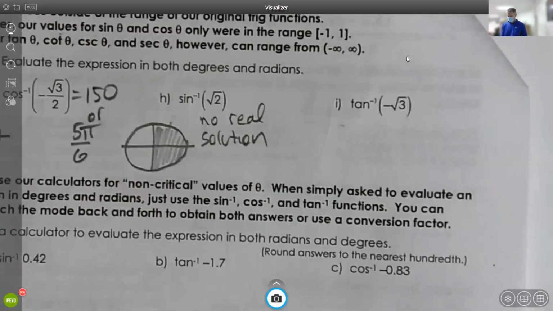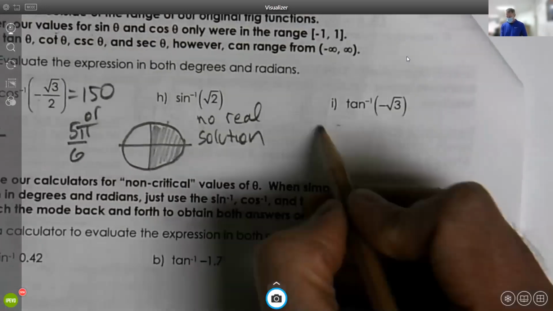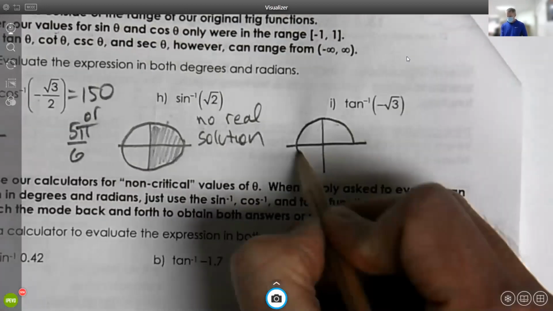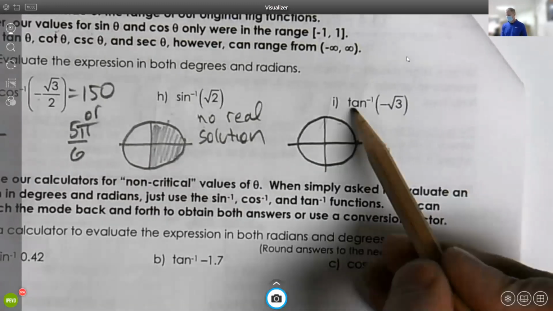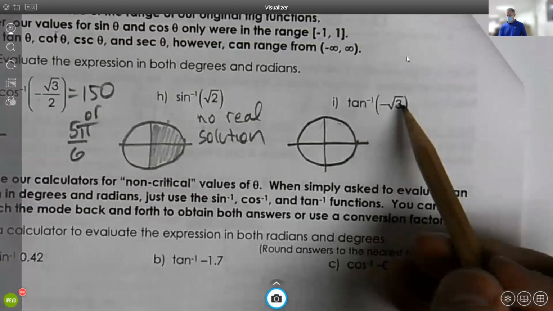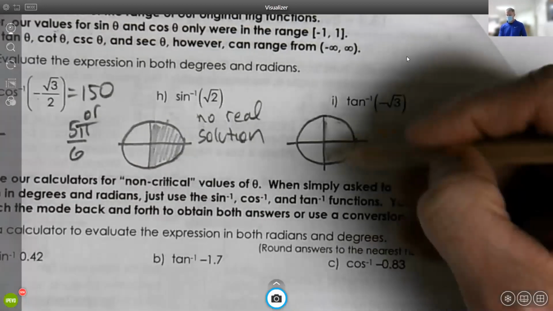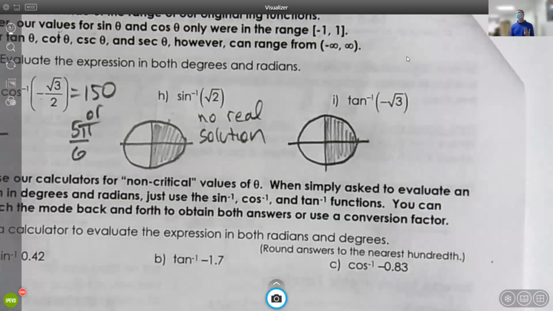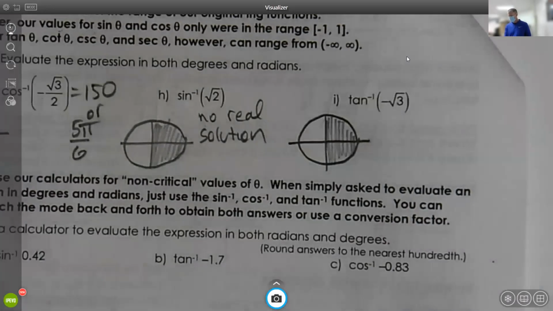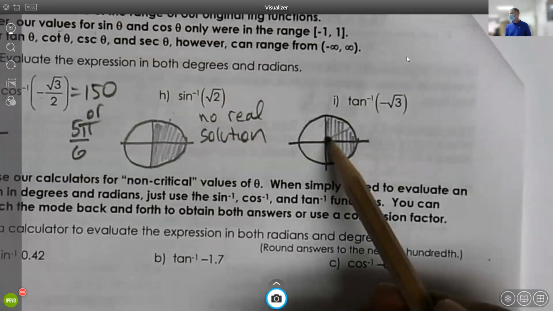Tangent inverse of negative root 3. Well, tangent, we look in these two quadrants. All right, if you remember how we learned it earlier, we talked about how 30 degrees had the root 3 over 3.